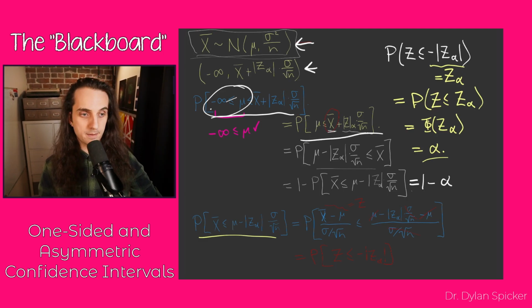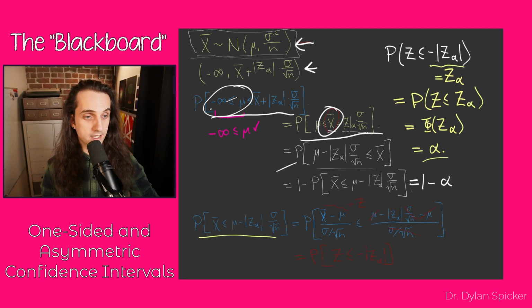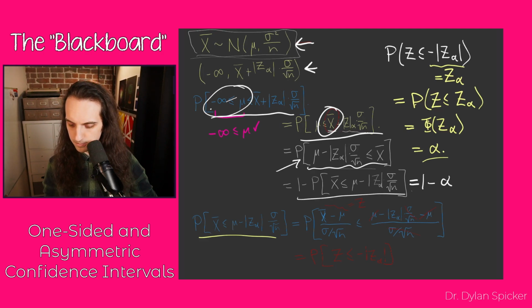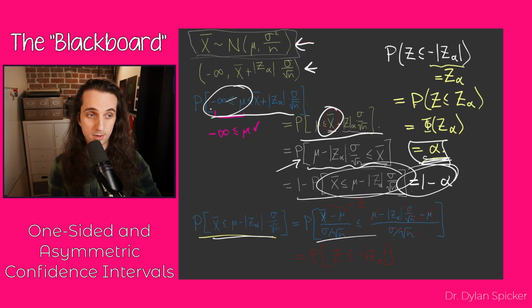And so we're just looking at the upper bound. The upper bound is a probability based on x bar, so we can rewrite this expression using x bar by itself. We take this now as just a normal probability calculation, and so we've rewritten it using the complement probability. To solve for this one term, we can work through standardization, work out that it has to be equal to alpha, and so then on the whole, we have 1 minus alpha as the probability here.